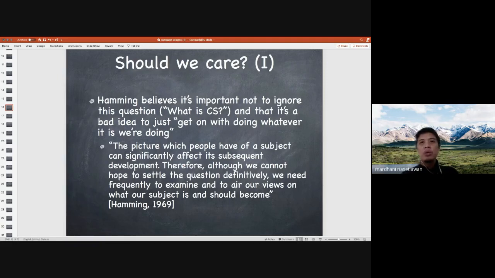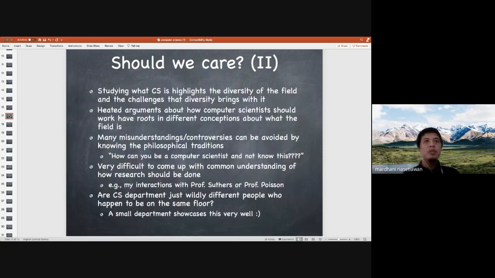So when we see this, we need to consider the point of view when we look at the problem of definitions. When you study computer science, you need to see that it has a lot of diversity in the field, and the challenge that diversity brings with it.